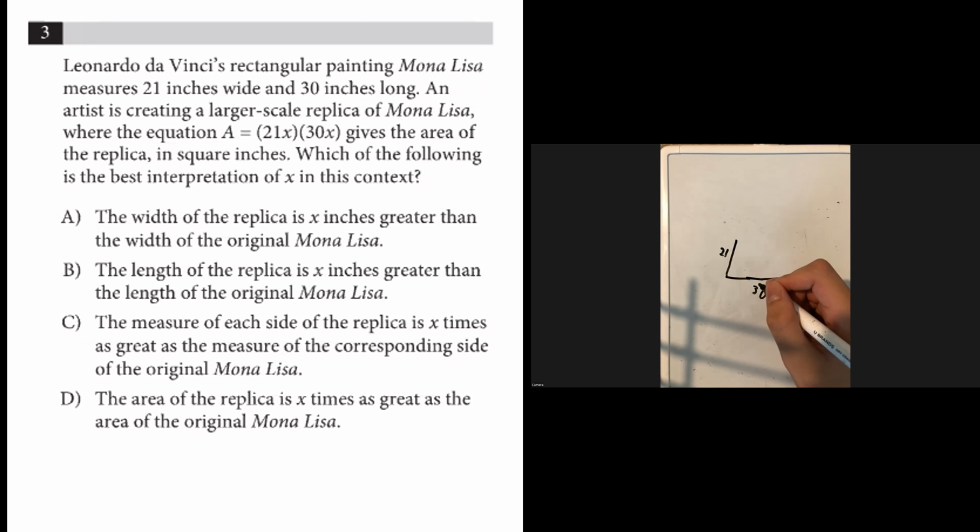Well, x is just what you're scaling it by. So we have 21x and 30x. If x is 1, you just get the same size. If x is 2, you're basically doubling the lengths of both the sides. And so basically, it's just the measure of each side is x times as great as the measure of the corresponding side, which should just be answer choice C.